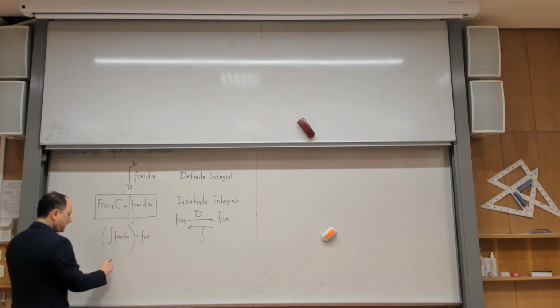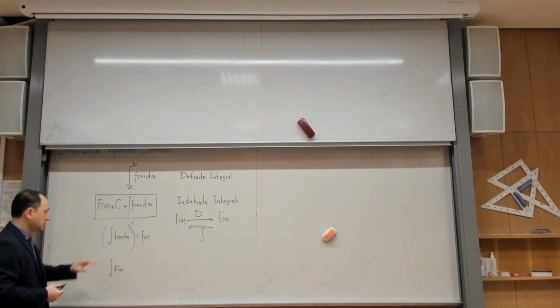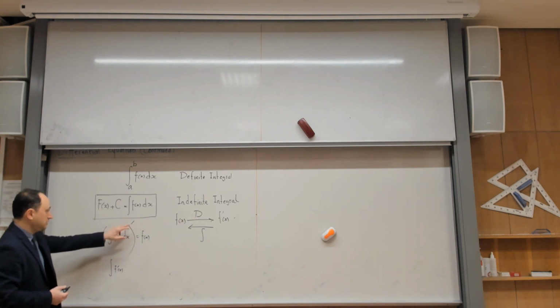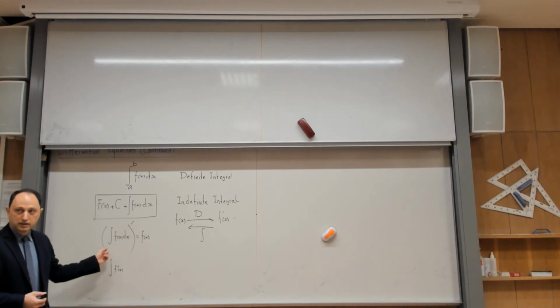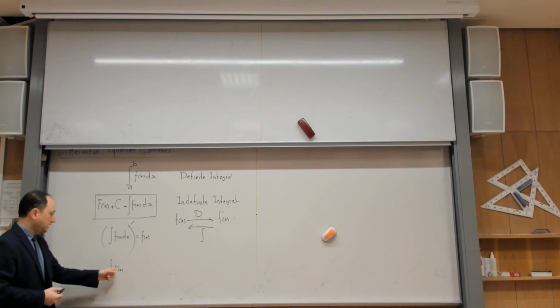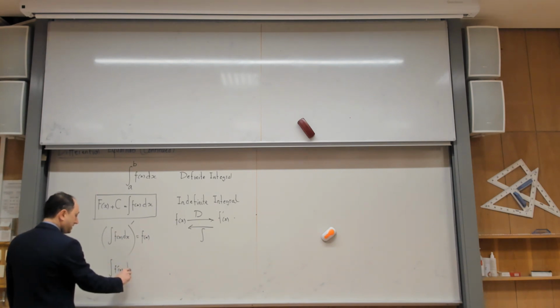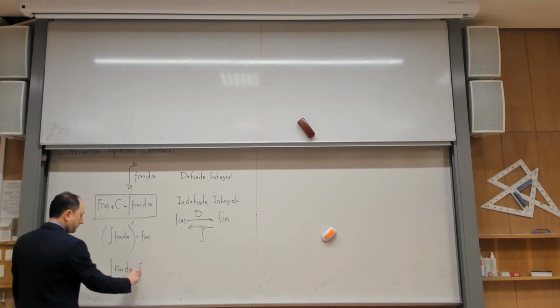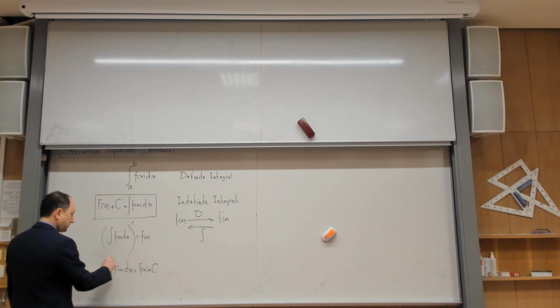But if you have the integral of f prime of x, the operations of integration and differentiation are somehow inverse of each other. So I integrate first and then differentiate. It means that I have done nothing actually to my function. I get this same function back. But now I differentiate first and then integrate. More or less, it seems that I have done nothing. But of course, it might be that I have a constant at the end.